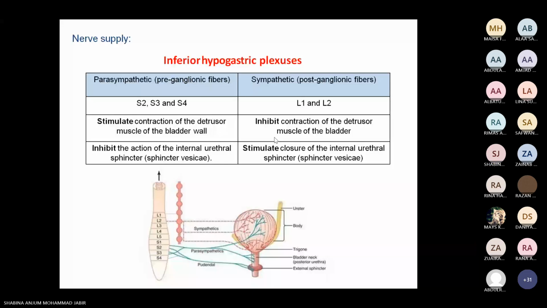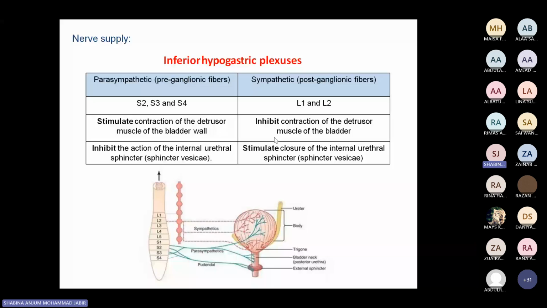Yes, most of you have put neurogenic bladder. So just give yourself some time to see what neurogenic bladder is. It is also known as the automatic bladder, and you will come across it when you study.